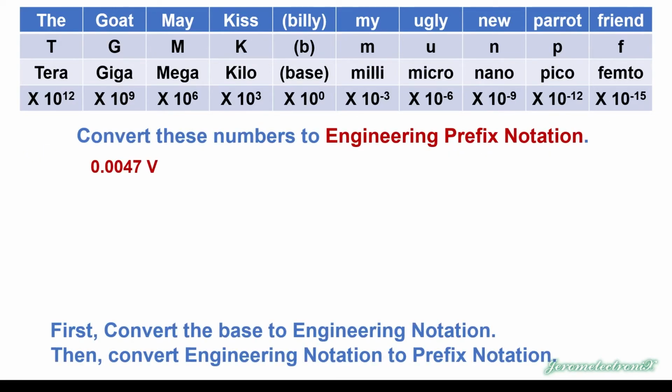All right, so let's practice. Convert these numbers. This is a base number, and you want to convert it first to engineering notation, and then convert it from engineering notation to engineering prefix notation. Remember, first convert the base to engineering notation, then convert the engineering notation to prefix notation.